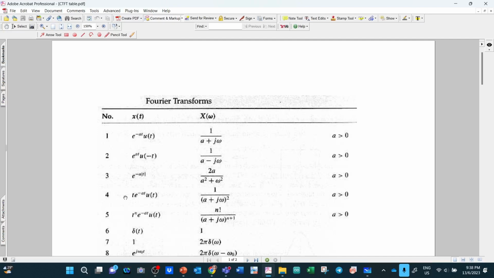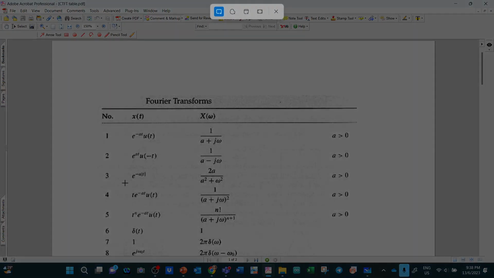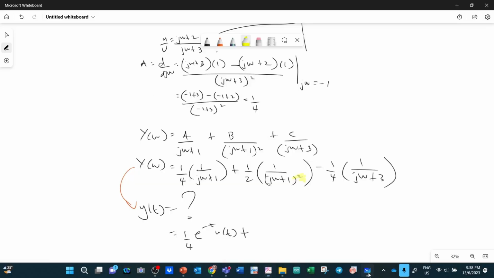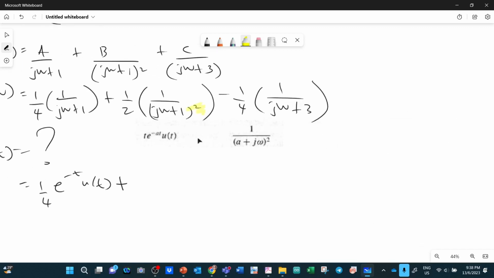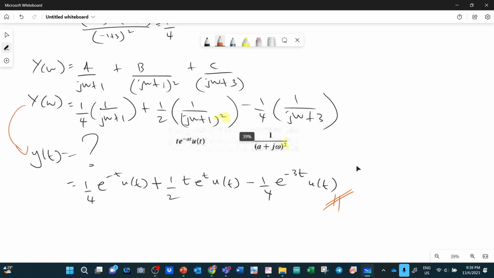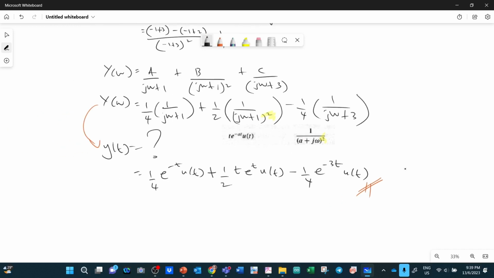You have power of 2 over here. This equation is for the second one. So you have 1 over 2 t e to the power of minus t u(t), minus 1 over 4. This one is the normal equation, e to the power of minus 3t u(t). Okay, so this will be the final answer for y(t).